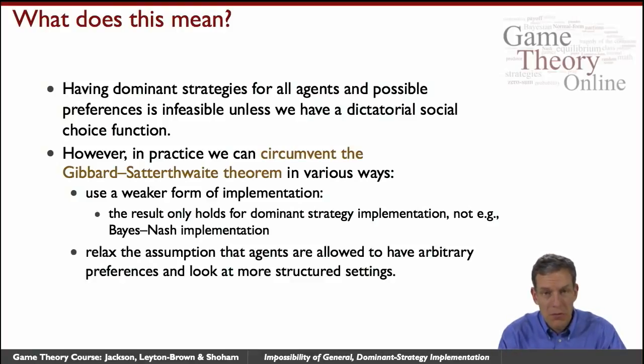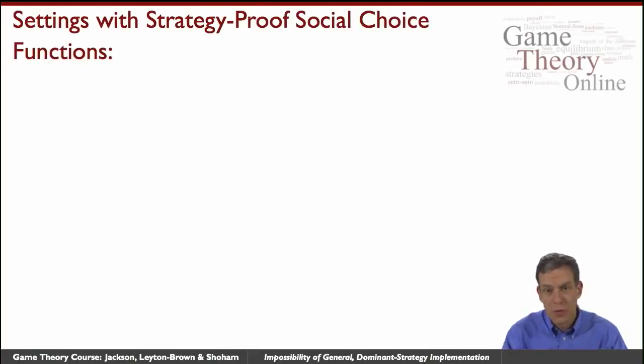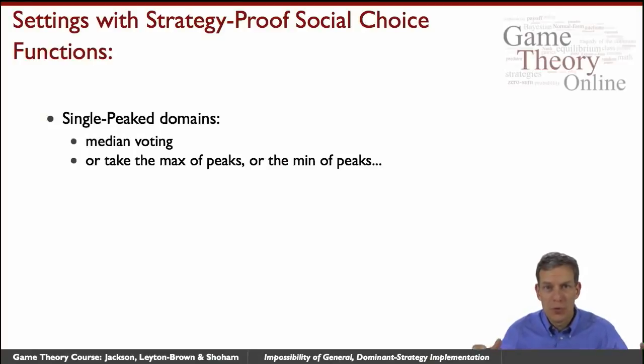We could relax the assumption that people have arbitrary preferences and look at more structured settings. And indeed, when we do that, we're going to find much more interesting and positive results in terms of rules that we can apply. More interesting rules, I should say, not more interesting results. The Gibbs-Satterthwaite theorem is a very interesting result.